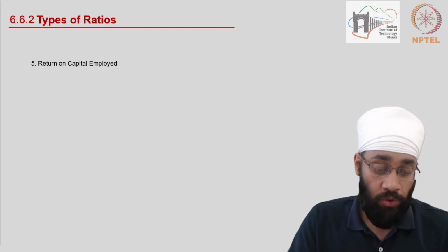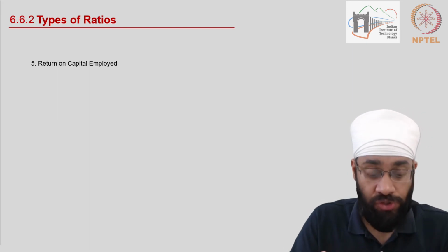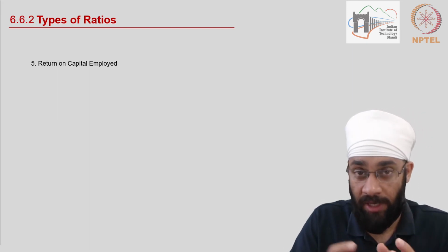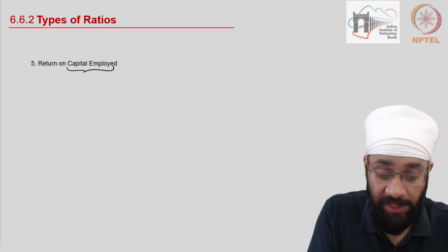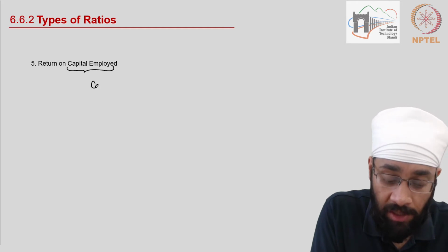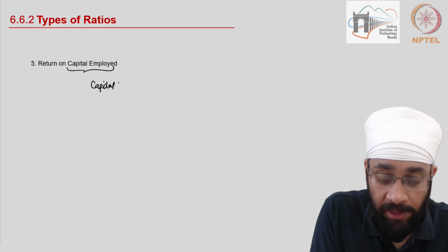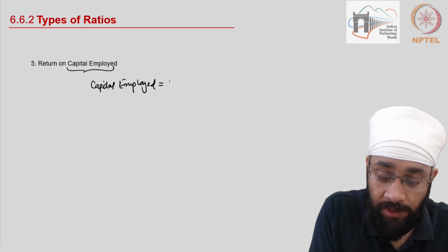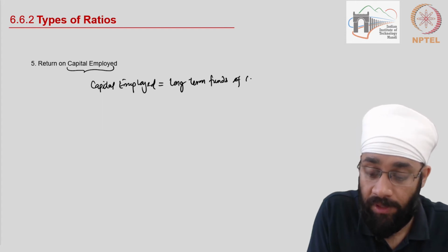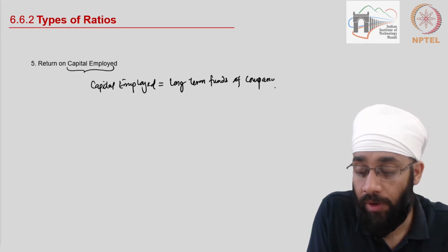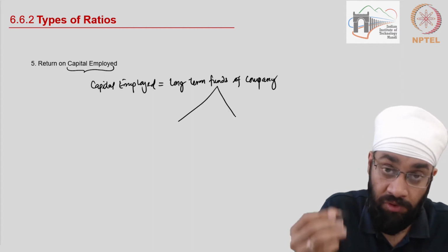Okay, let's look at another indicator, which is called return on capital employed. So let's first decide what this capital employed is and how you get to this number. Capital employed refers to the long-term funds in the business, the long-term funds of the company. Where do the long-term funds come from? There are two sources.